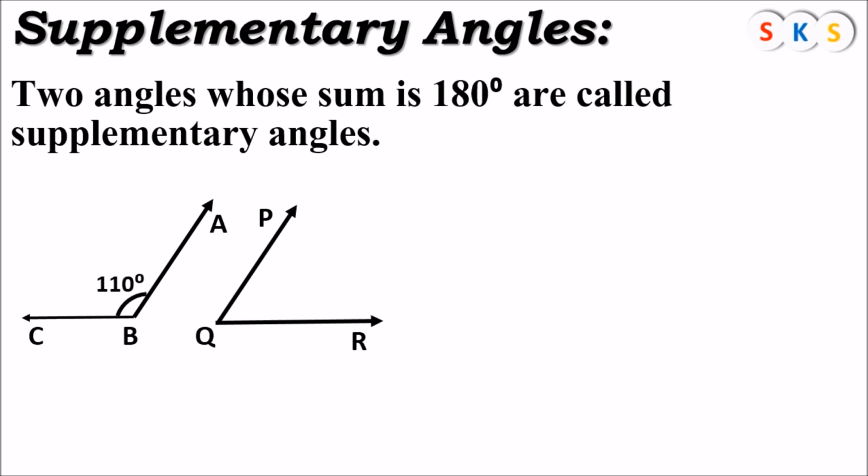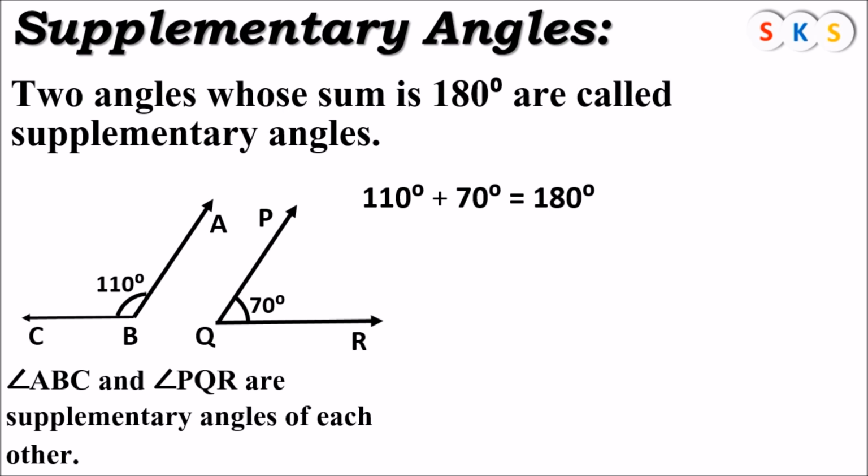Here the measure of angle ABC is 110 degrees and the measure of angle PQR is 70 degrees, and 110 plus 70 equals 180 degrees. It means the sum of the measures of angle ABC and angle PQR is 180 degrees. Therefore, angle ABC and angle PQR are supplementary angles of each other.